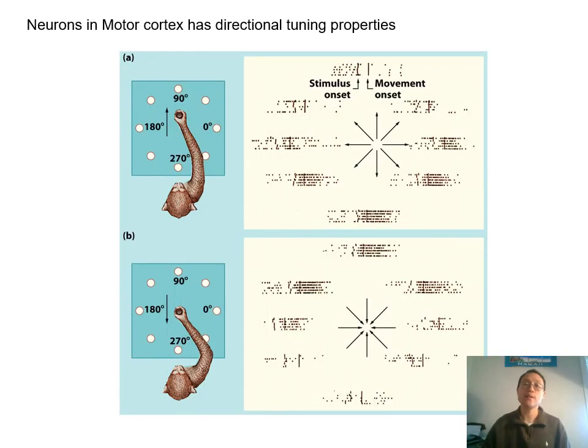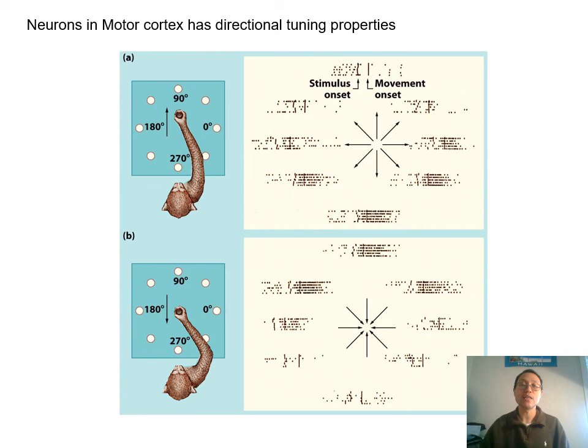Okay, so this slide is basically telling us what I have told you before: the motor cortex activity is correlated with movement directions. Here you're seeing that the animal is engaged in two different kinds of tasks.